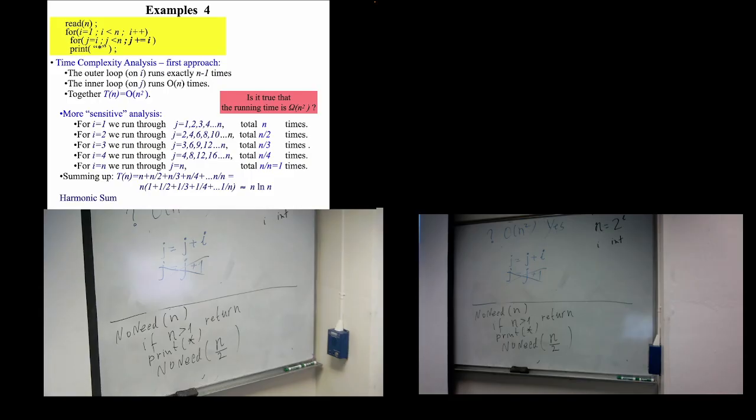So the running time is n plus n over 2 plus n over 3 plus n over 4 plus dot dot dot n divided by n, which I can write, since all these elements have n in them, as n times open parentheses 1 plus 1 over 2 plus 1 over 3 plus 1 over 4 plus 1 over the last element, 1 over n.